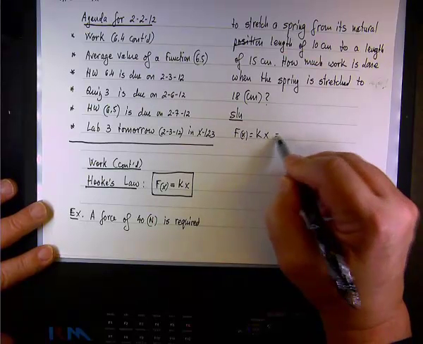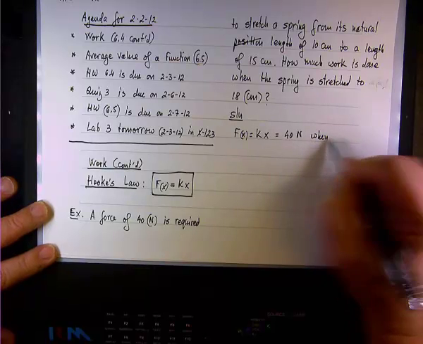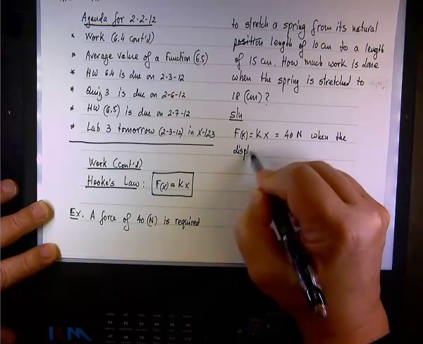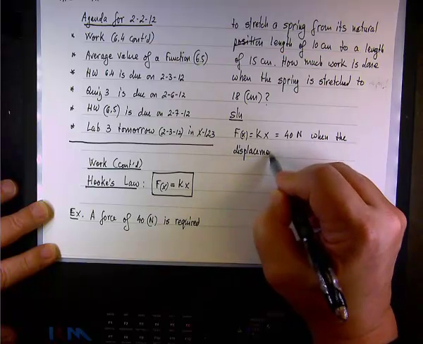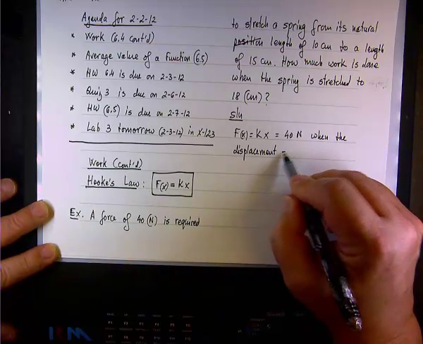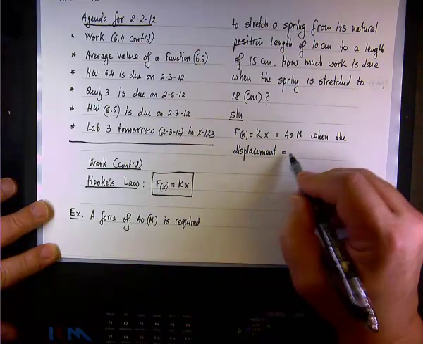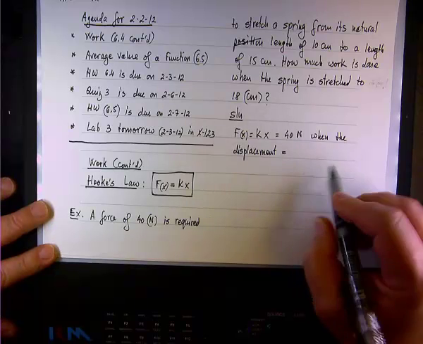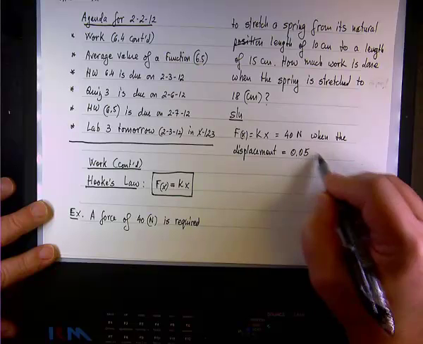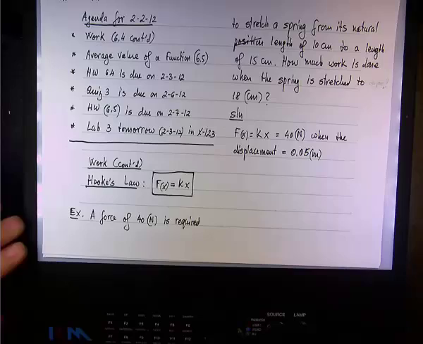And we know it equals 40 Newton when the displacement, I'm talking about one end of the spring is displaced, by 5 centimeters, the difference between 10 and 15. So the displacement is 5 centimeters, but since we are dealing with Newton or with the metric system, we need to write it as meters, so 0.05 meters.